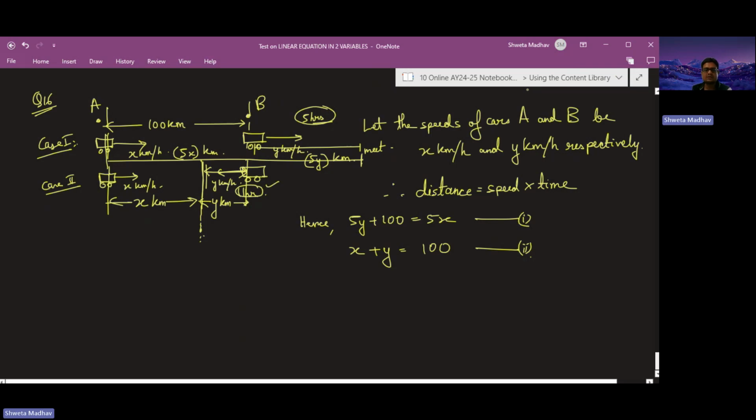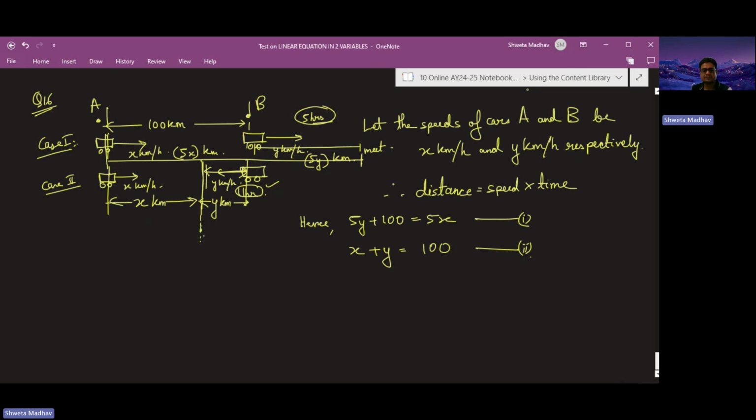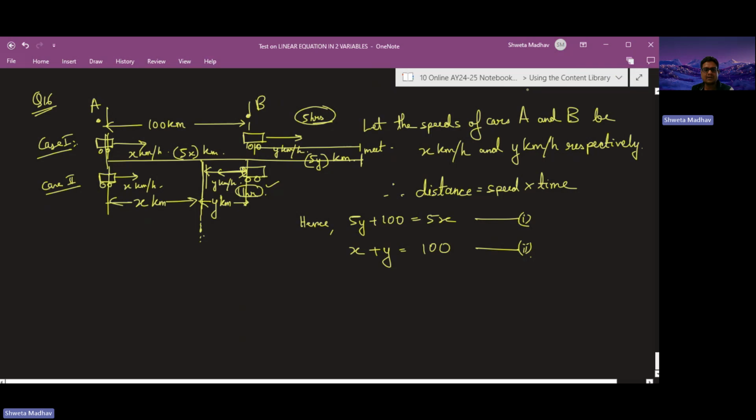So in 1 hour, the distance traveled by car A is x kilometers, and the distance traveled by car B is y kilometers. So this length plus the length covered by car A plus the length covered by car B is 100 kilometers. So I can say x plus y will be 100.